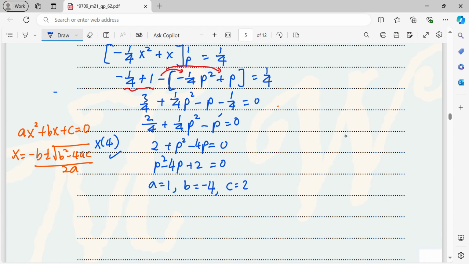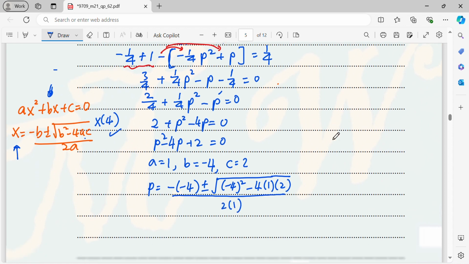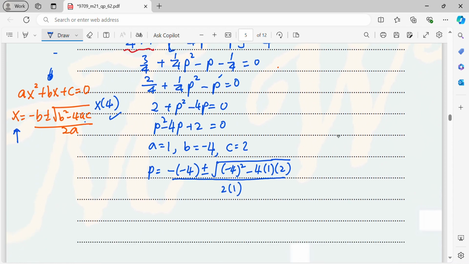Since your equation is in terms of p instead of x, when you apply this quadratic formula, change the x into p. So p equals minus b plus minus square root of b squared minus 4, the a is 1, c is 2, then over 2 times 1. Then from here you will be getting 4 plus minus square root 8 over 2.